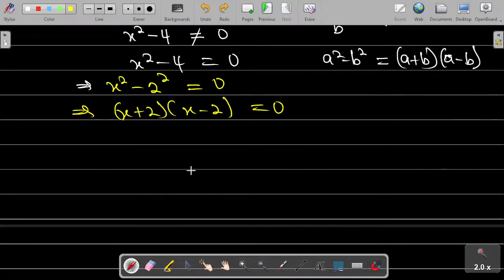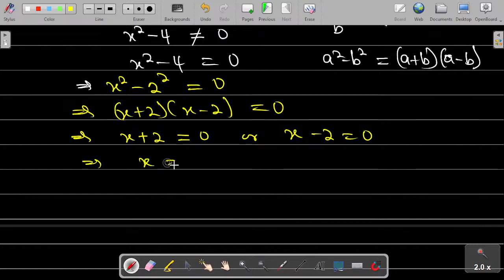Of course, if I do that, then I will say that my x plus 2 is equal to 0, or x minus 2 is equal to 0. Then I will get that either my x is equal to minus 2, or my x is equal to plus 2.